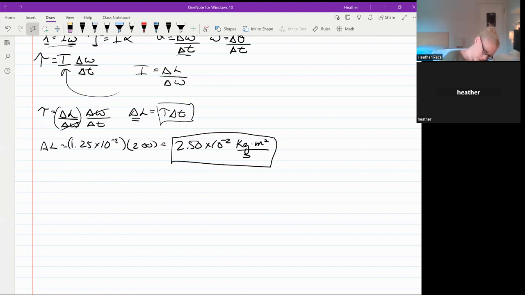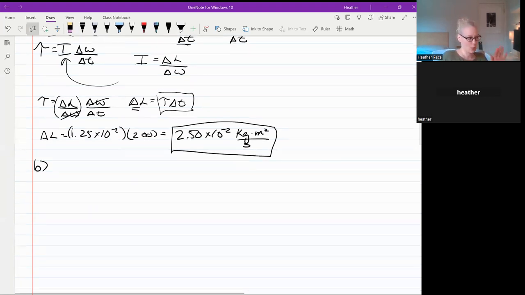B says, find the change in the hoop's angular speed if its mass and radius are 2.50 kilograms and 0.100 meters. Okay, so now we're looking for change delta in this.